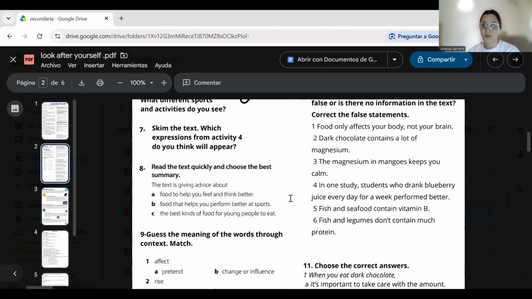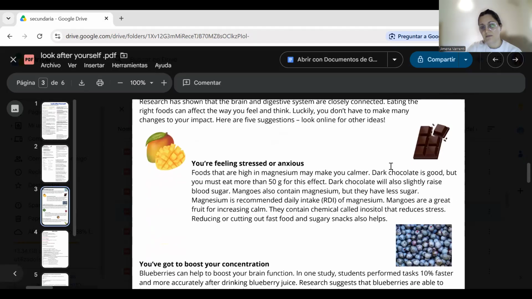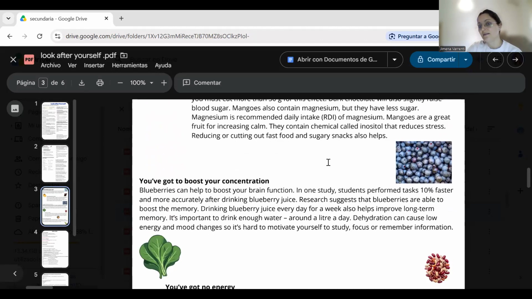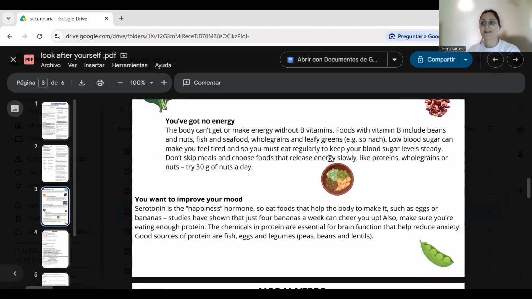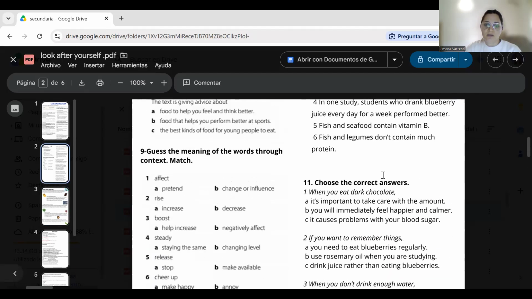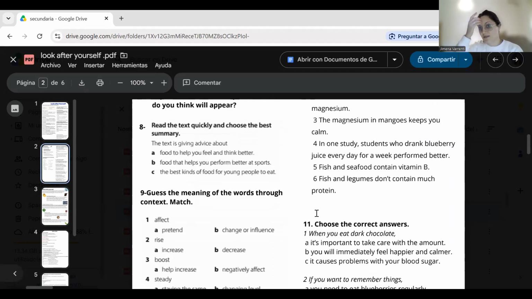So, in my opinion, reading this and underlining the words which are similar to Spanish, I like to encourage these types of activities because in that way they can realize how much they understand of the text without needing to understand the whole of it, you know? So, in my opinion, this would take them 15 minutes.